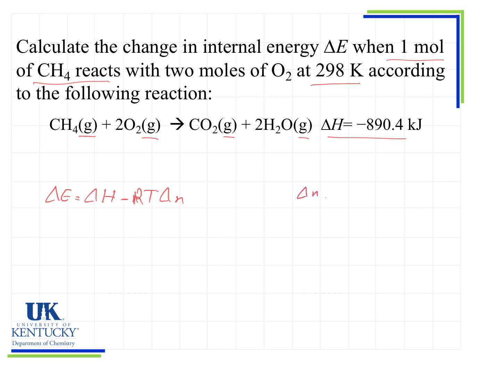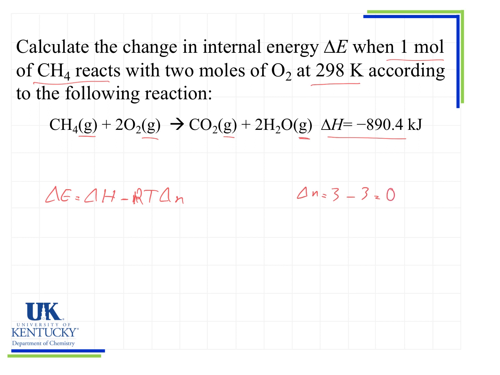So delta N: how many gas moles do we have in the reactants and in the product side? In the product side we have 1 mole of CO2 and 2 moles of water, so 3 moles. In the reactant side we have 1 CH4 and 2 O2, so 3.